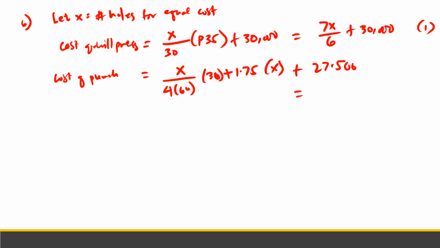So this will be X over 8 plus 1.75x plus 27,500.